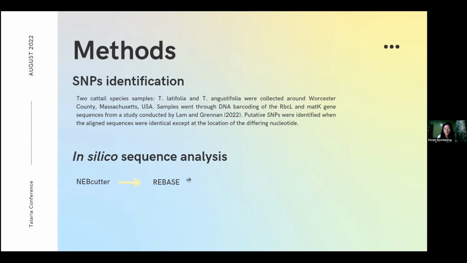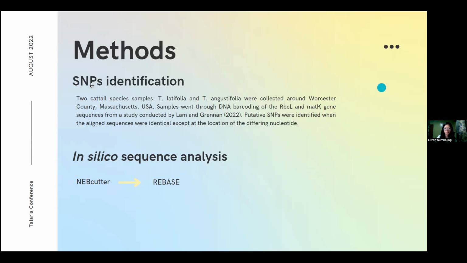These restriction enzymes were selected based on two criteria. One, the theoretical digest had to show a distinct and consistent DNA fragment of the species with its appropriate restriction enzyme at the SNP, but a completely different pattern on the other species.